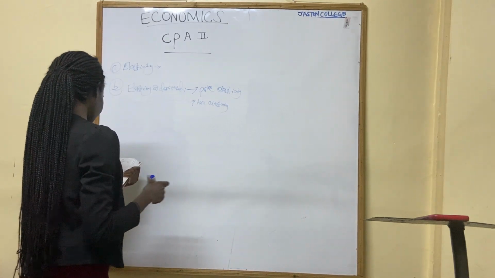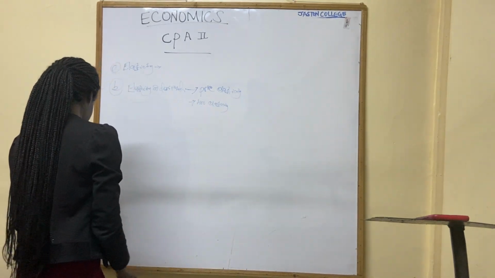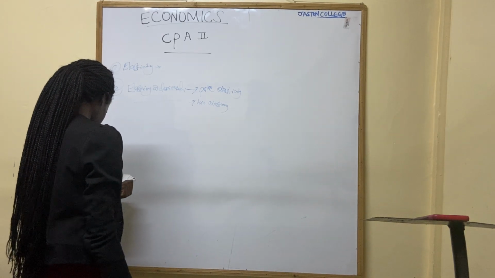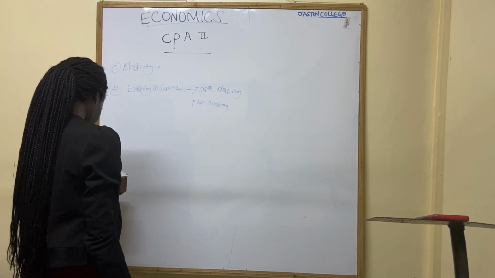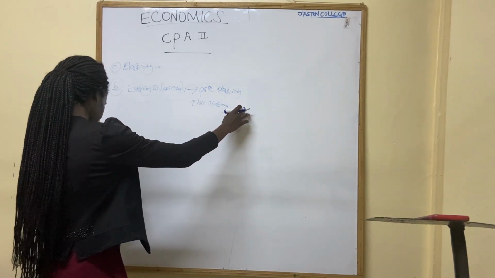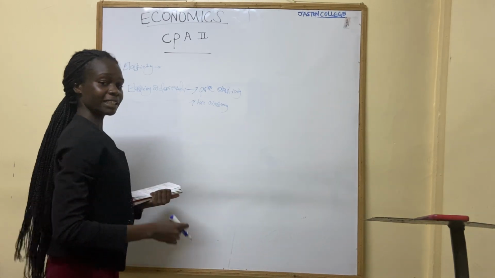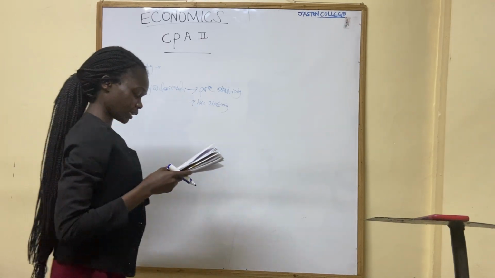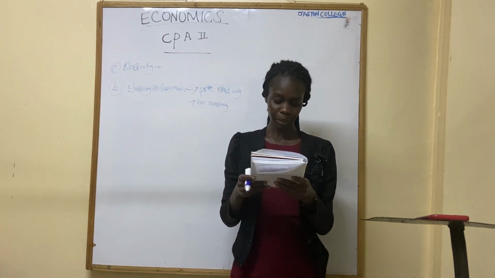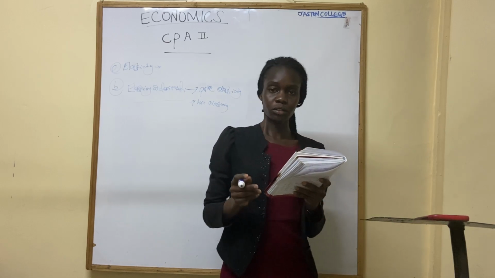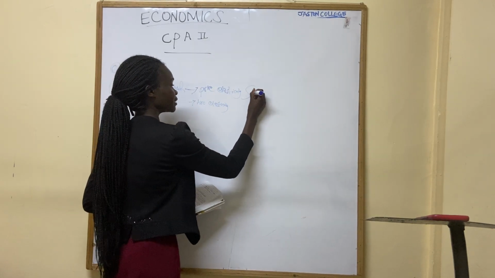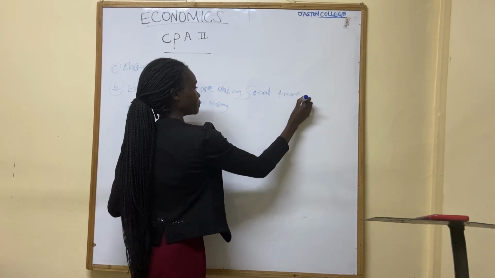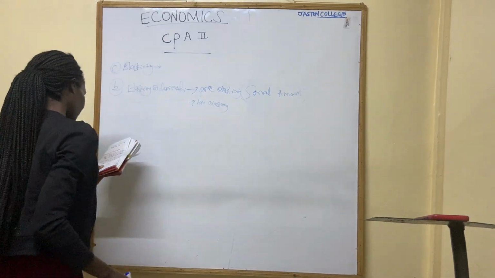The first one is point price elasticity, which measures the elasticity at a particular point and is only valid for a small change.